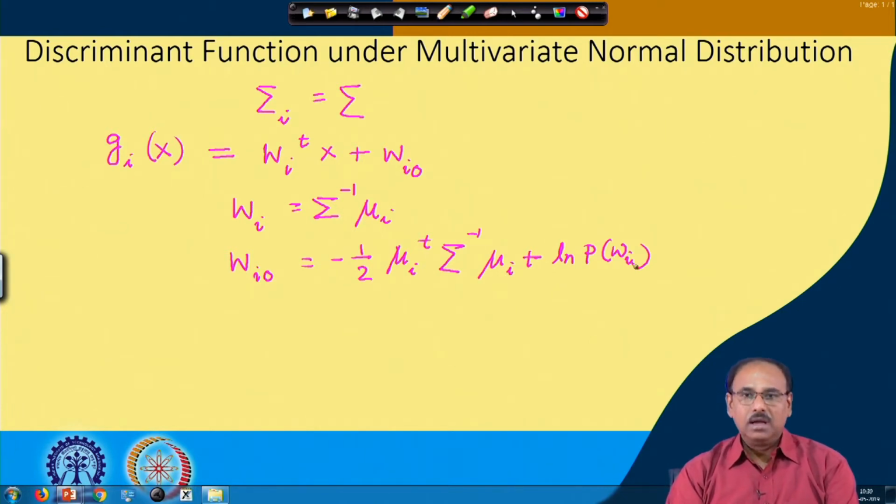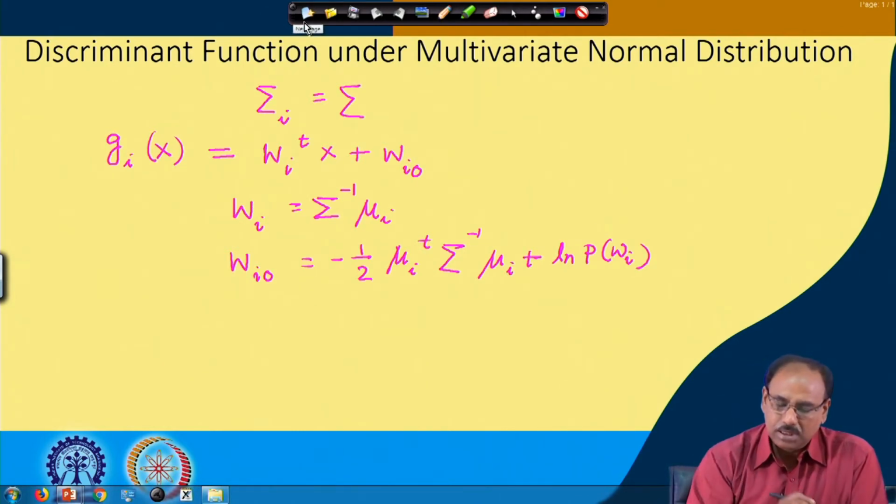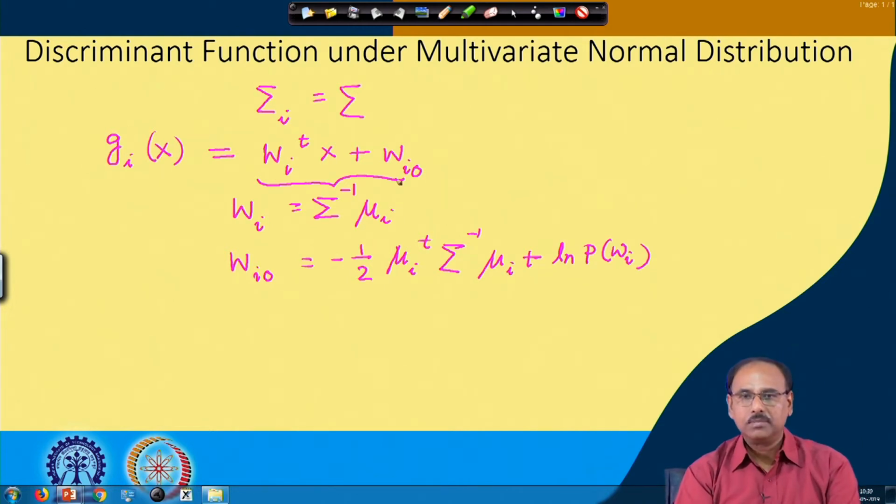Given this, as we have done in the other case, I can compute the decision boundary. Because this g I x is of the form w I transpose x plus w I naught, this discriminant function is again a linear function, because I do not have any quadratic term in x in this expression. Given such discriminant functions, I can compute the decision boundary between the two classes omega I and omega j.